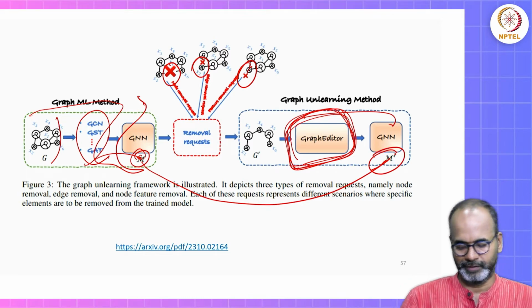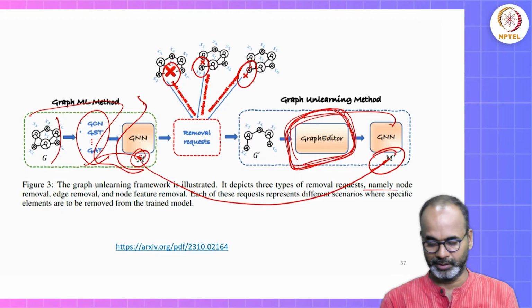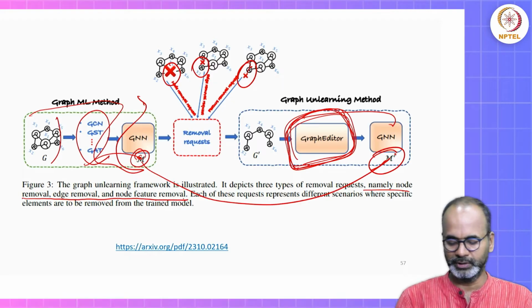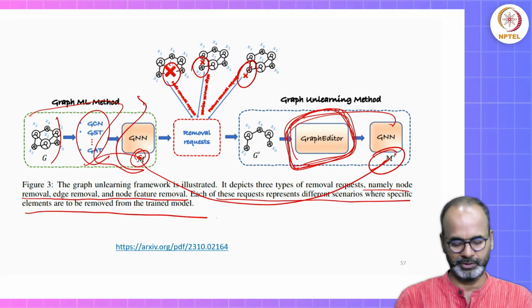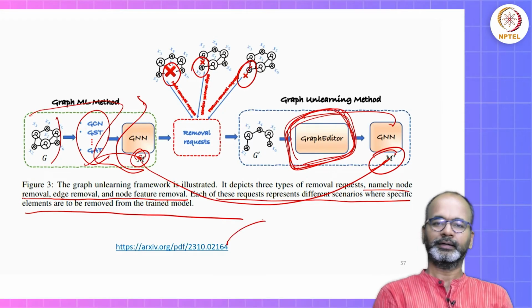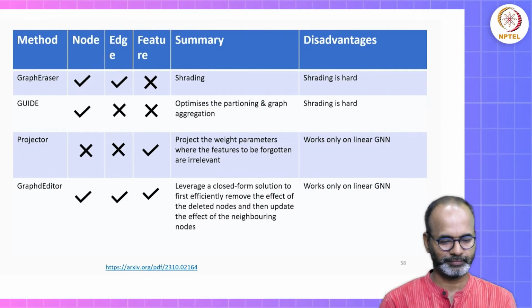The graph unlearning framework is illustrated. It depicts the 3 types of removal requests, namely node removal, edge removal, and node feature removal. Each of these requests represent different scenarios where specific elements are to be removed from the trained model. Again, feel free to take a look at this paper. Right. Okay, so let's move on.